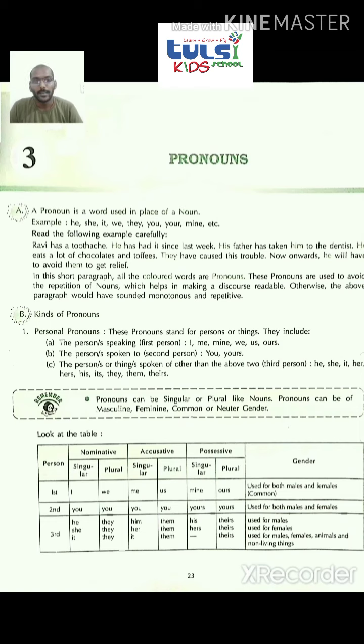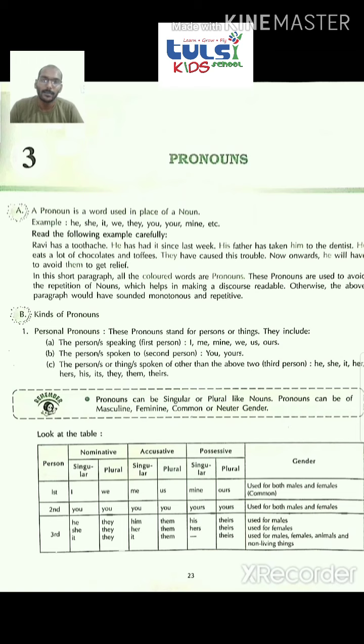And see here what the first person pronouns are: I, me, my, mine, myself, we, us, our, ours, ourselves. These are the first person pronouns.